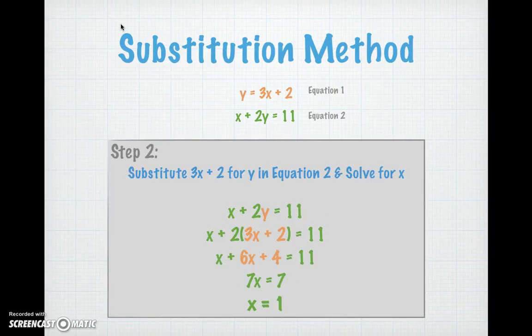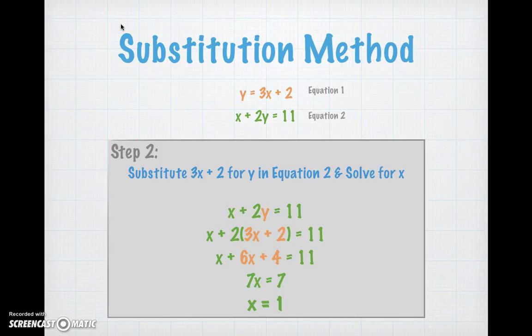So now that we already have one of the equations set equal to a variable, we can continue on to step 2, where we take 3x plus 2, which is what y equals in the first equation, and we substitute it into equation 2 for y. So we input 3x plus 2 for y, and we solve for x. By substituting it in, we get x plus 2 times (3x plus 2) equals 11.